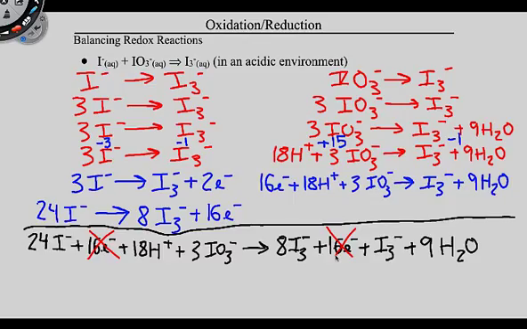They've got to have the same charge. So we've got iodides on the left but none on the right. We've got protons on the left, none on the right. We've got IO3s on the left and none on the right. Not an IO3, I3. But we can bring these together.